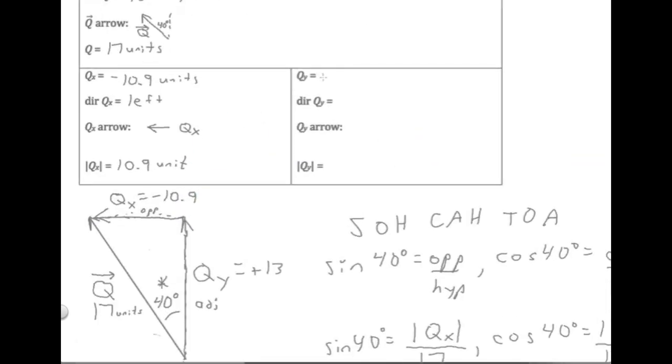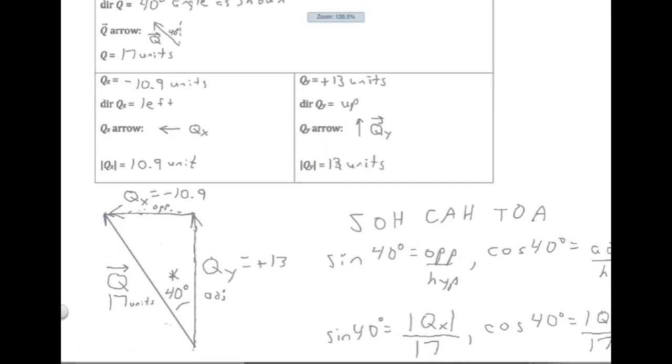So our QY was plus 13 units. And the direction was up. And the magnitude was 13 units.